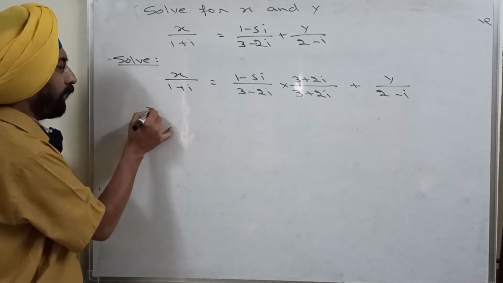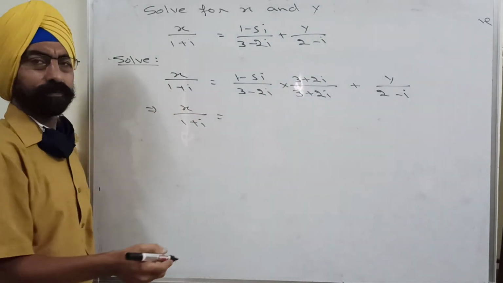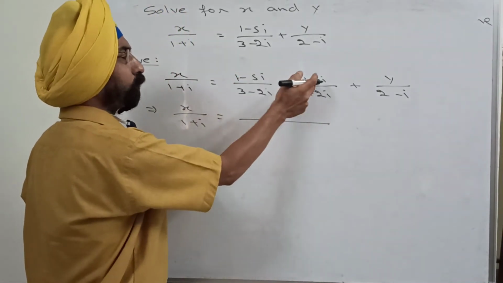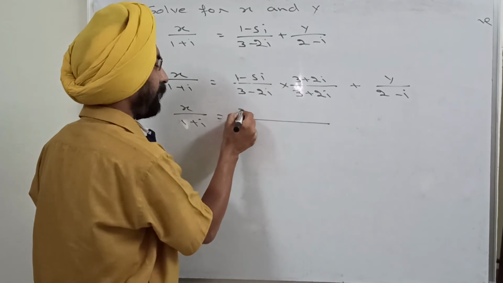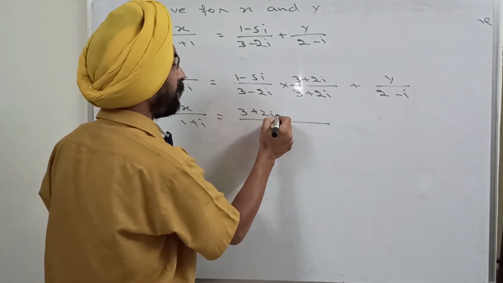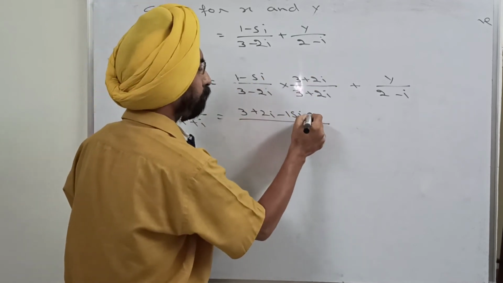So what you will get now, x upon 1 plus iota. The second term will become, in the numerator you will have to multiply these two. So 1 into 3 is 3, 1 into 2 iota is plus 2 iota, minus 5 iota into 3 is minus 15 iota, and minus 5 iota into plus 2 iota is plus 10.